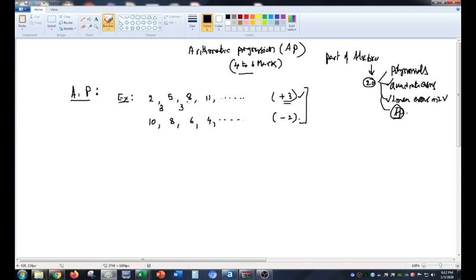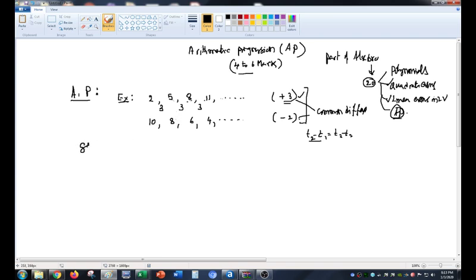That means next term minus previous term. This fixed number we call the common difference. Why common difference? We are subtracting second term minus first term or third term minus second term, any 2 consecutive terms, so we are getting this.